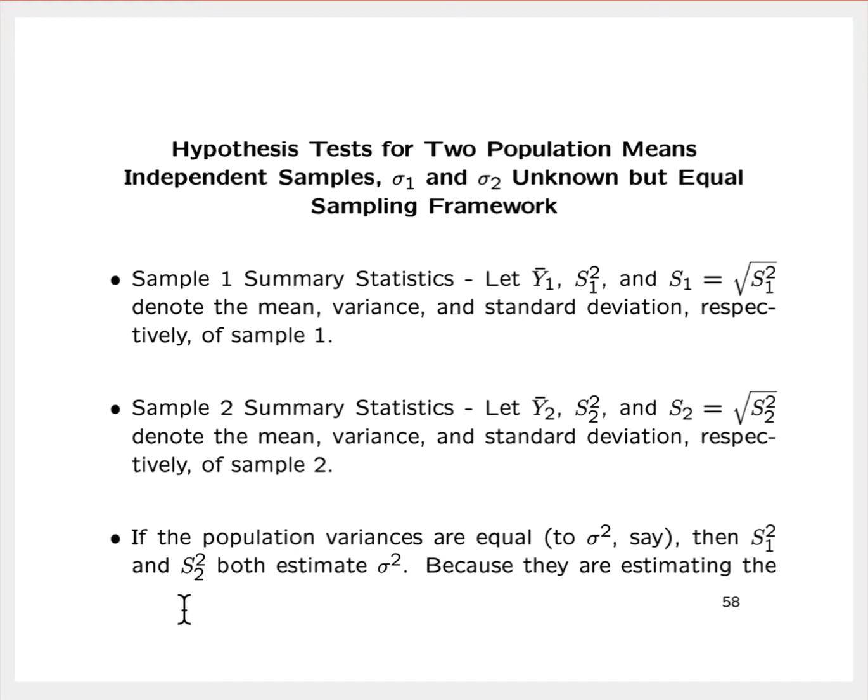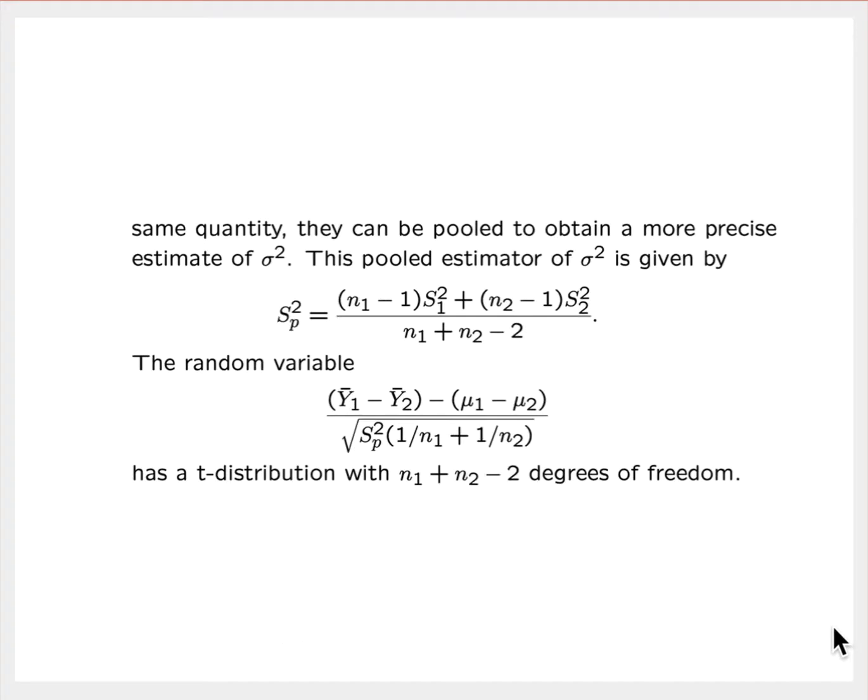But if the two population variances are equal, say sigma squared, then S1 squared and S2 squared are estimating the same quantity. Because they're estimating the same quantity, we can pool that information together to come up with an estimator of sigma squared that is better than either S1 squared or S2 squared individually.